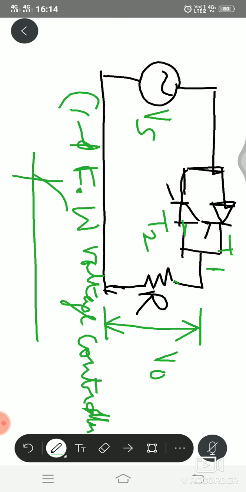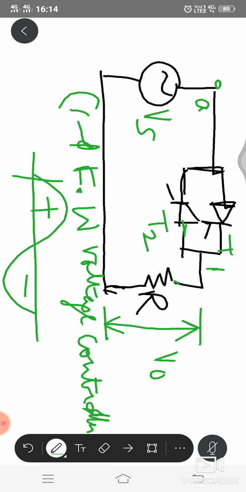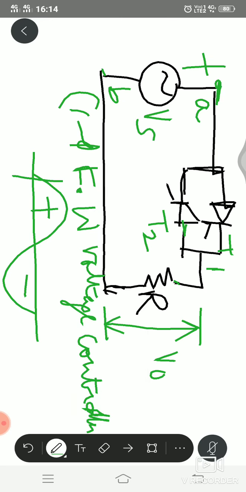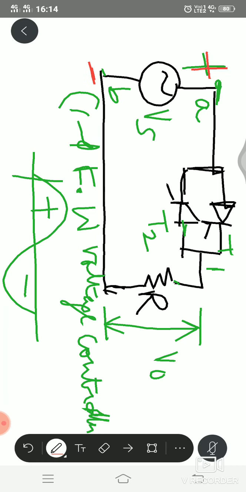AC has got positive and negative half. Now what is happening during the positive half? Let us take this as point A and this as point B. During the positive half, this point is more positive than this point. So thyristor T1 is getting forward biased.